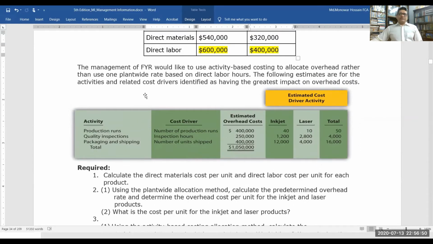The management would like to use activity-based costing to allocate overhead rather than use one plant-wide rate with the direct labor hours. The following estimates are for the activities and related costs identified as having the greatest impact on the overhead cost.